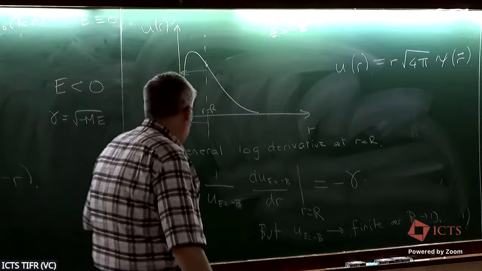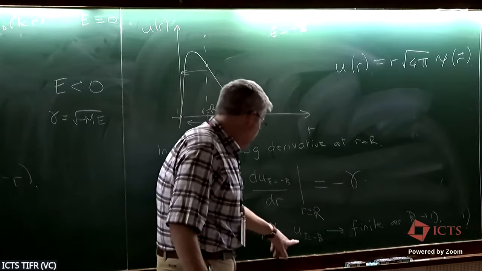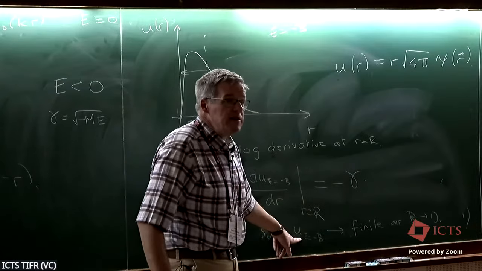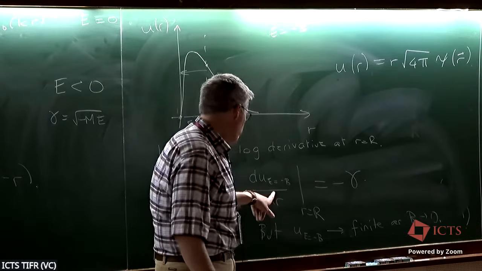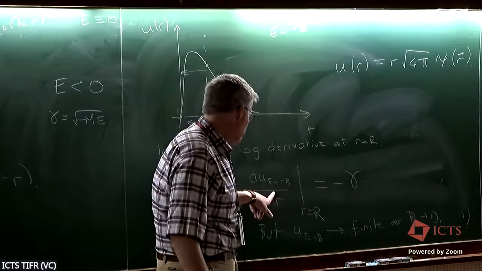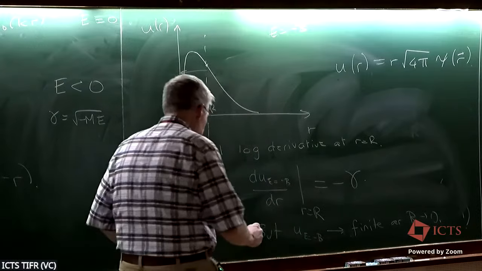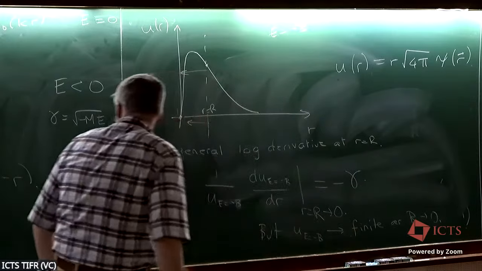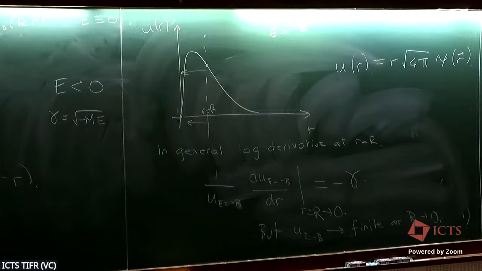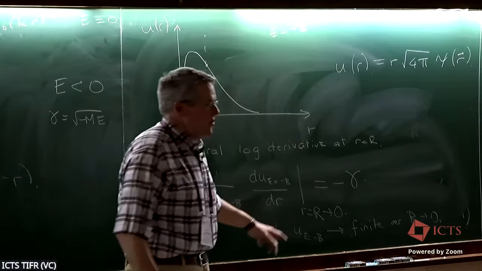And the boundary condition you have is actually given here, and that u goes to something finite. You don't actually care what this is. You've changed the standard boundary condition that u equals 0 to a boundary condition on the logarithmic derivative at r equals 0, because in the limit that the delta function has its range taken to 0, this boundary condition will be imposed right at the origin.